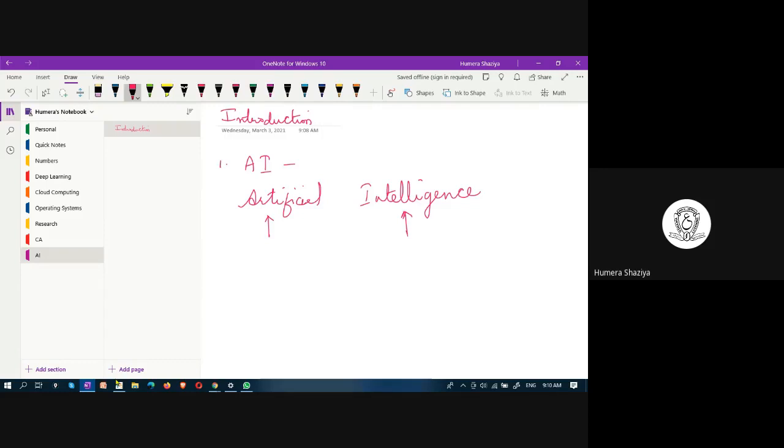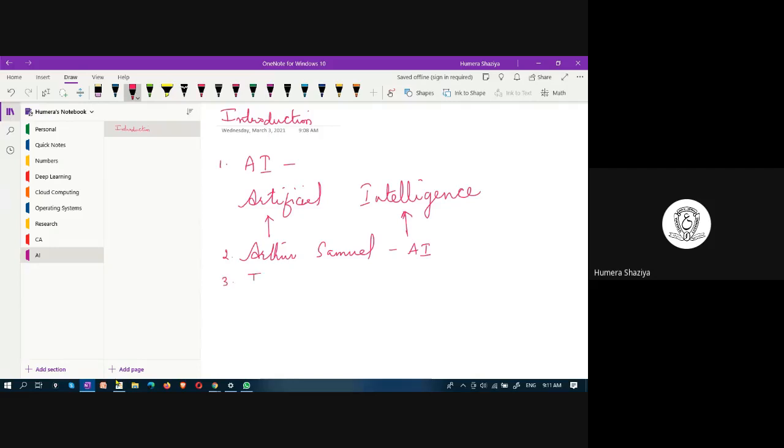That is about this phrase. The term artificial intelligence has been coined by Arthur Samuel, a scientist, in 1956.